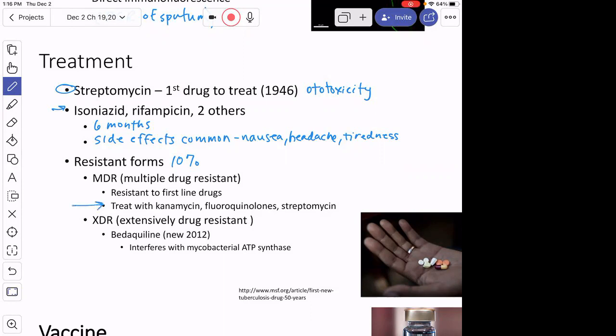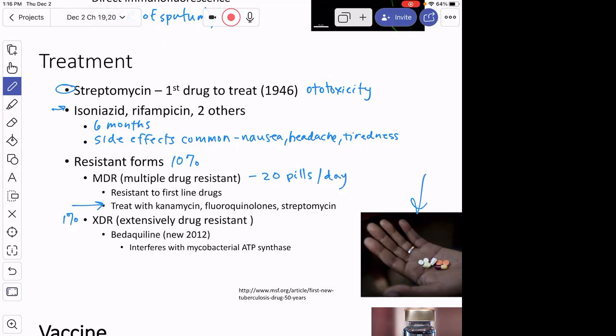They try some different drugs like kanamycin, fluoroquinolones, maybe go back to the streptomycin. And about 1% of TB is extensively drug resistant, and that pretty much means that they have very little to work with. Even these multiple drug resistant patients are taking about 20 pills a day. So, you know, it's a lot of drugs.